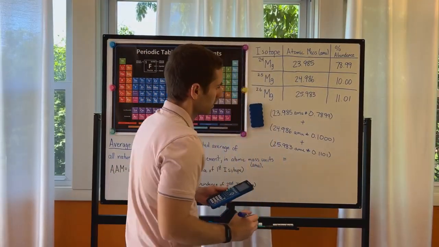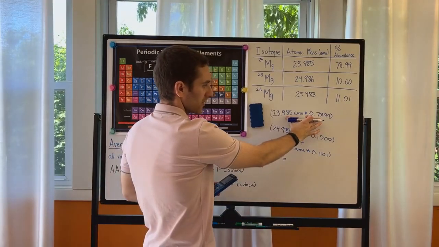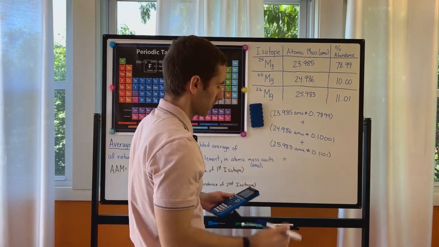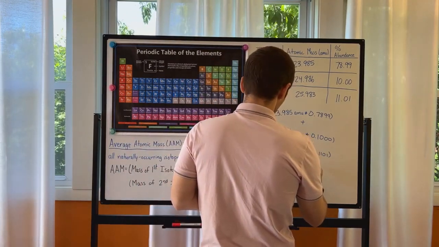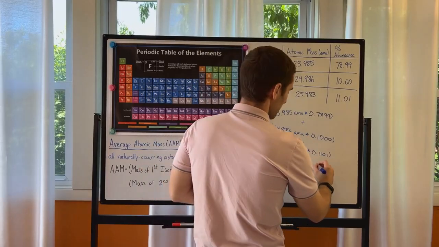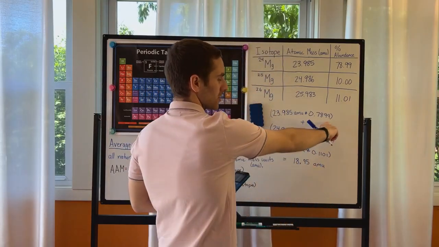Okay, and so we get, and I'm going to use sig figs here. So this first one, multiplication, 5 sig figs, 4 sig figs. So I'm going to round it to 4 sig figs. So that's 18.95. Okay, and then that's going to be AMU. This is AMU. This has no unit.